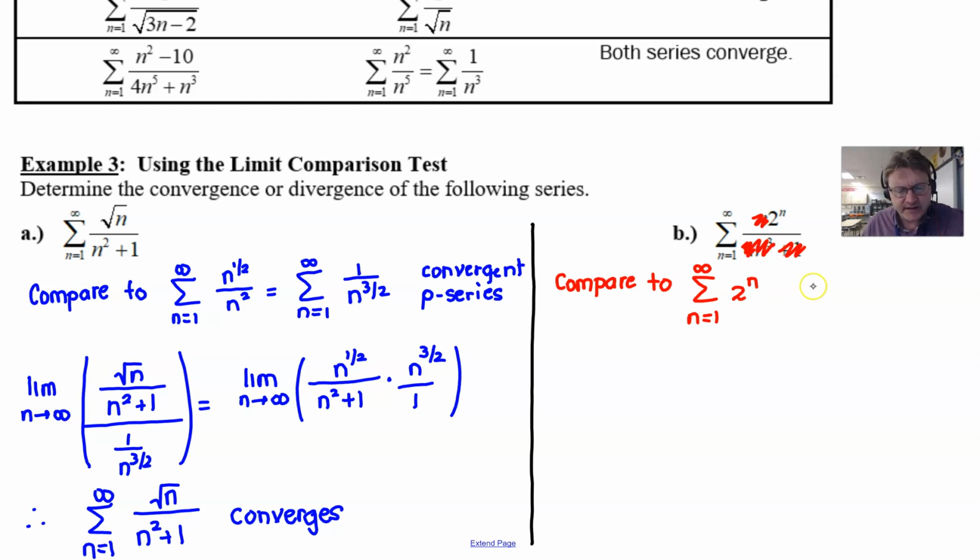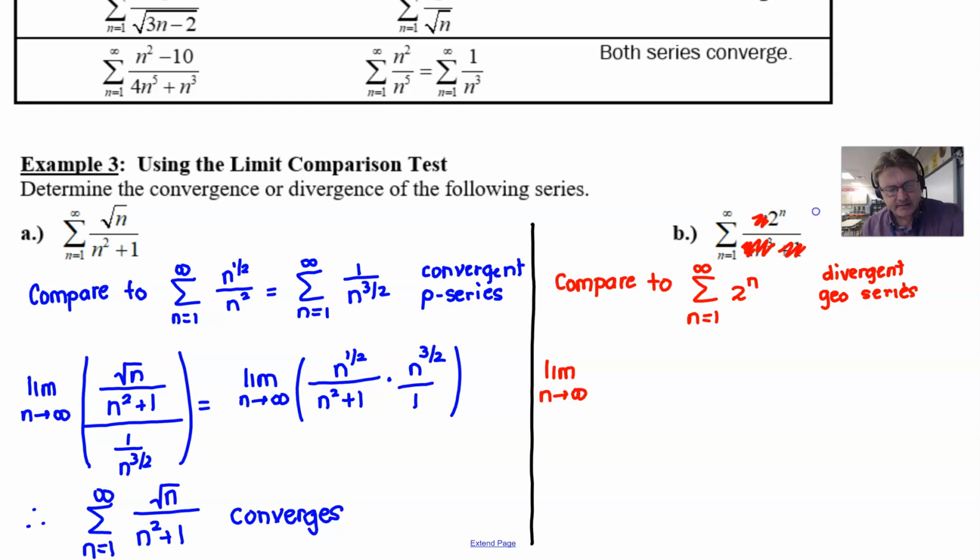And I know that 2 to the nth power is indeed a divergent, I almost wrote the wrong word there, everyone. This is a divergent geometric series, right? See how the R value is 2 and the power n is attached? So let's see how the limit comparison test works here. Hopefully we'll get a result that's finite and positive.